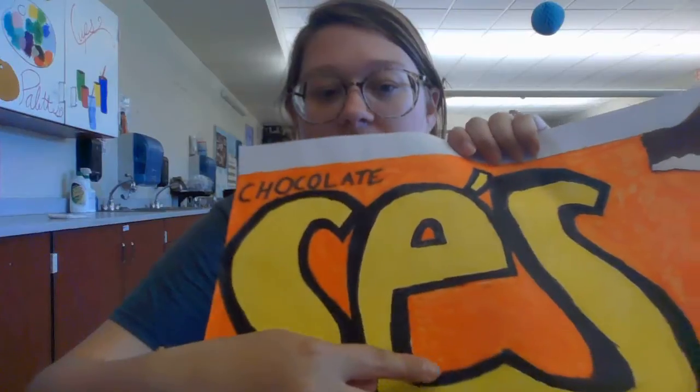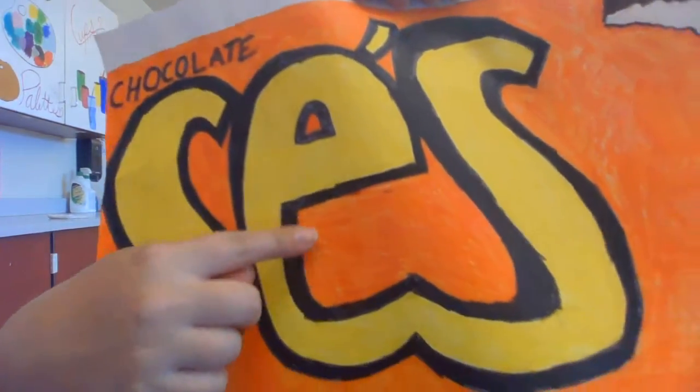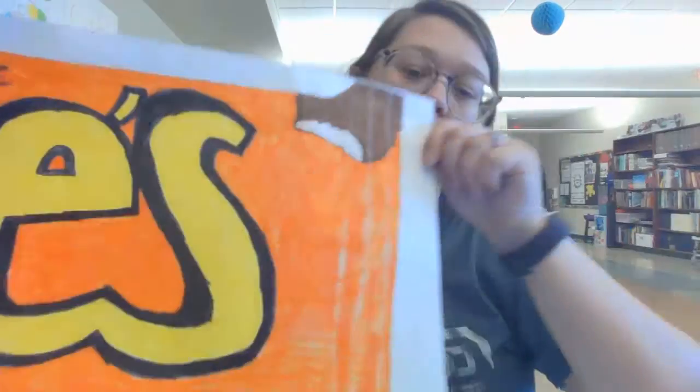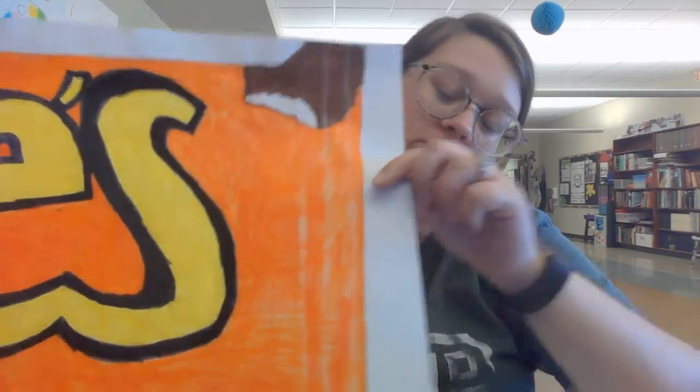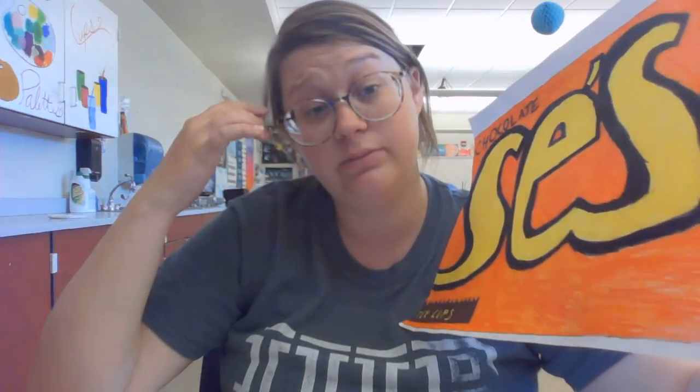Same thing with this one. You can kind of see underneath the directional lines from the marker, but after they went over it with the colored pencils, it really, really helps. So that's that. It's going to be great.